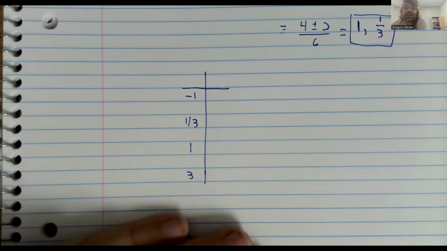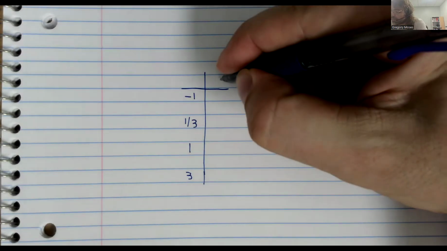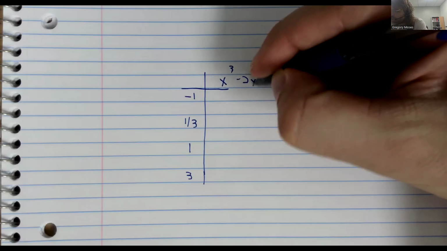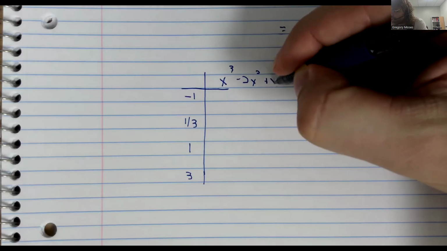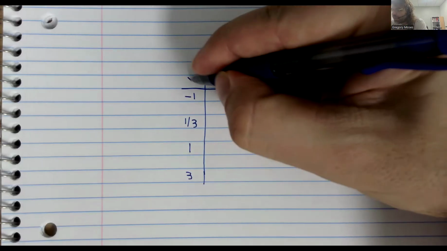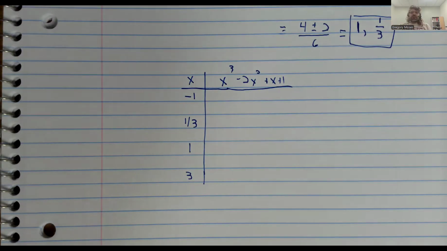Instead, we're just going to make a table. We've got this function, x cubed minus 2x squared plus x plus 1, and this function achieves a maximum value and a minimum value.